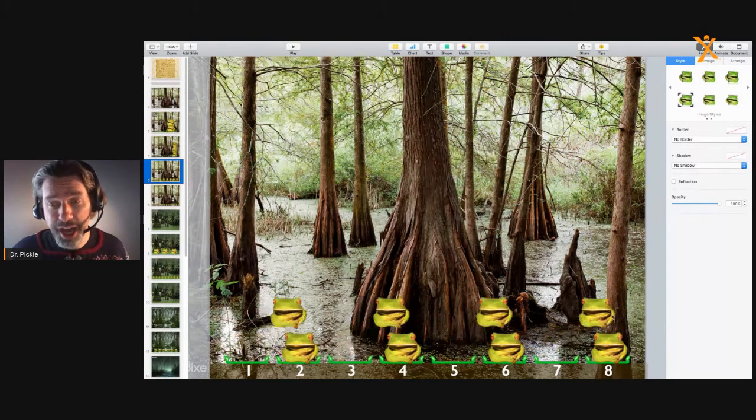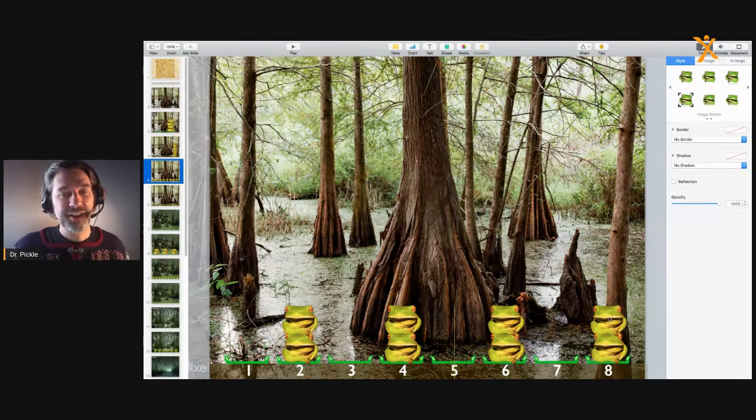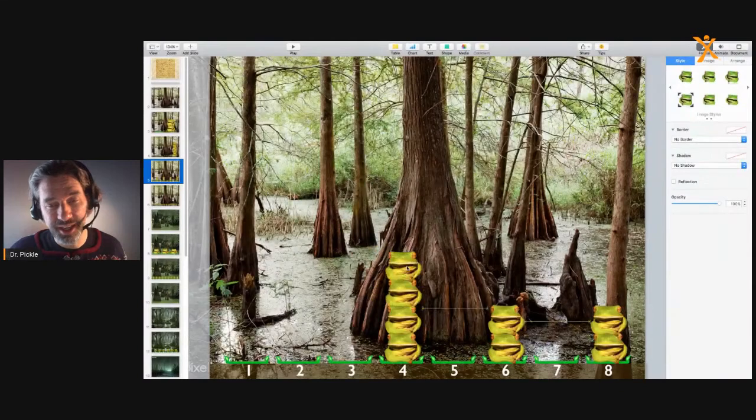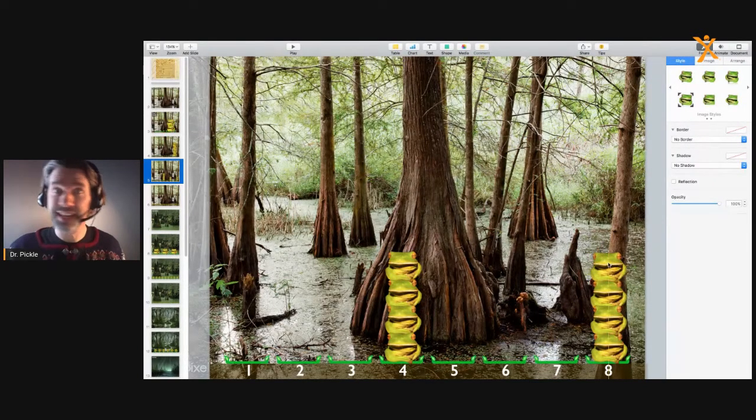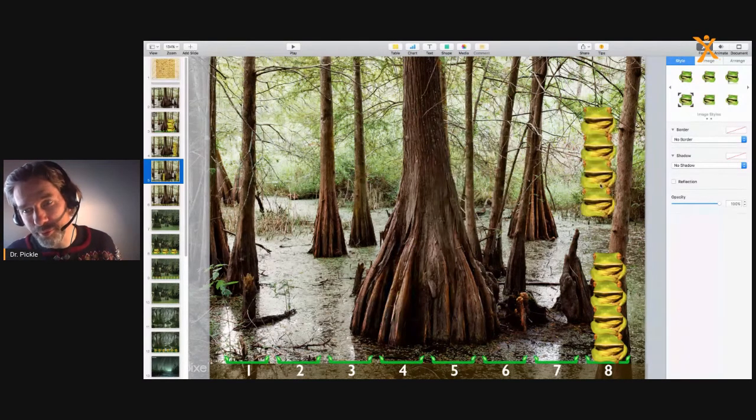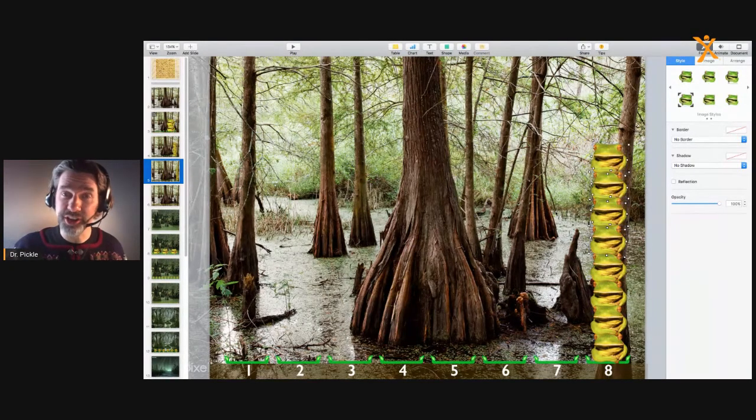But this is kind of like the 4 frog problem, and we've already solved the 4 frog problem because these 2 jump 2, and these 2 jump 2. And this is kind of like the 2 frog problem. We're going to get these all here, jumping, and we've solved the 8 frogs.